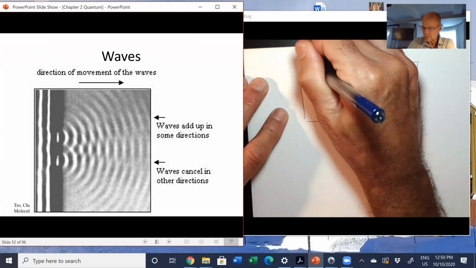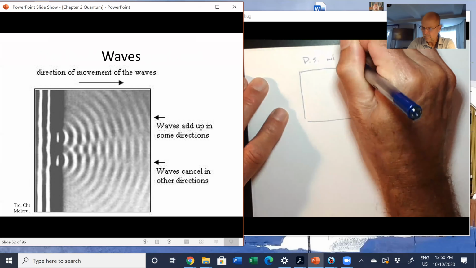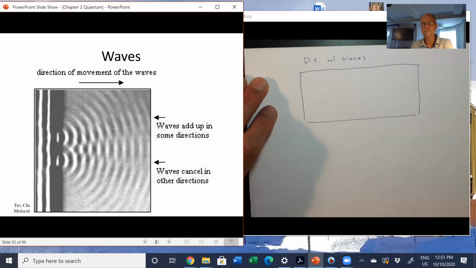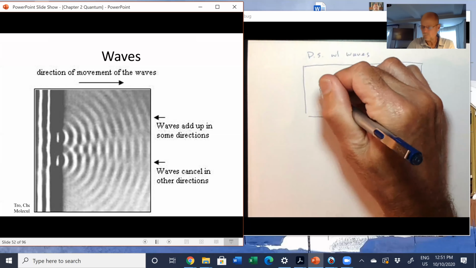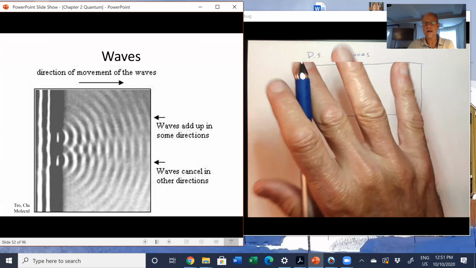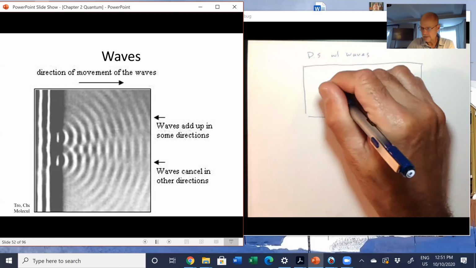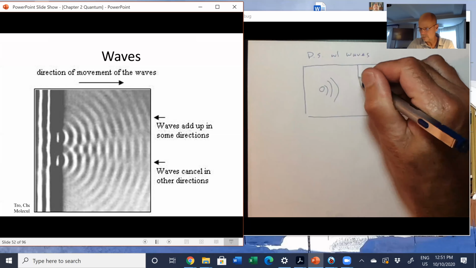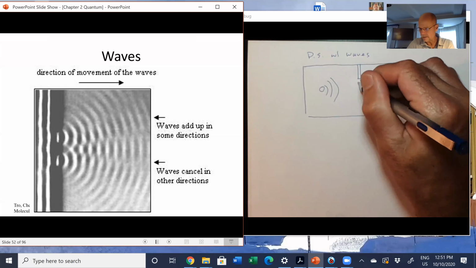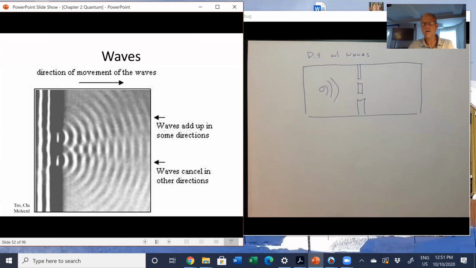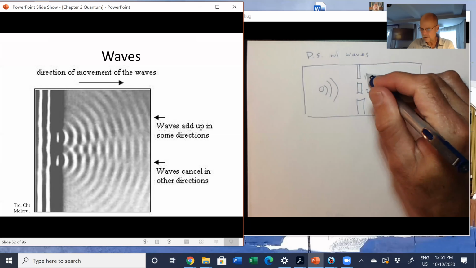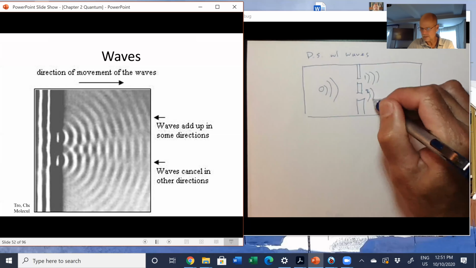So, the double slit experiment with waves. It's going to have a little wave maker here, just something that goes up and down and produces waves. The waves are going to emanate out, and then they're going to hit a barrier that has 2 slits in it, 1 and 2. And then the waves are going to come out of those.